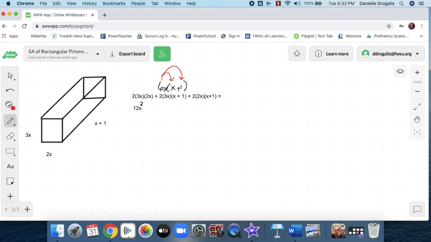So I actually have a 6x times x, which should get us, I'll just keep it in red, 6x squared. And then a 6x times 1 is actually a 6x. Because it was a positive times a positive, I get to write that it was a positive 6x.